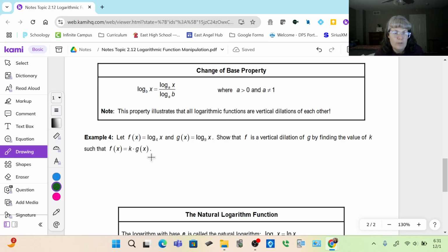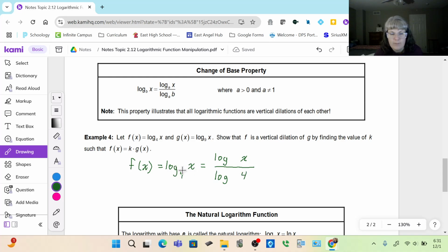So what I'm going to do is I'm going to start with f of x, and I'm going to write that as log base 4 of x, and then I'm going to go into my change of base, and I'm going to write log base something of x over log base something of 4.